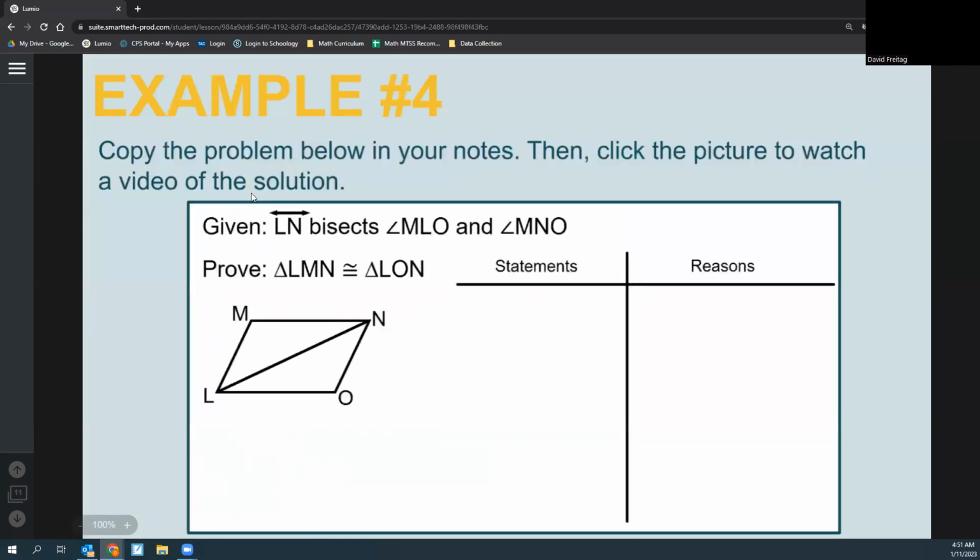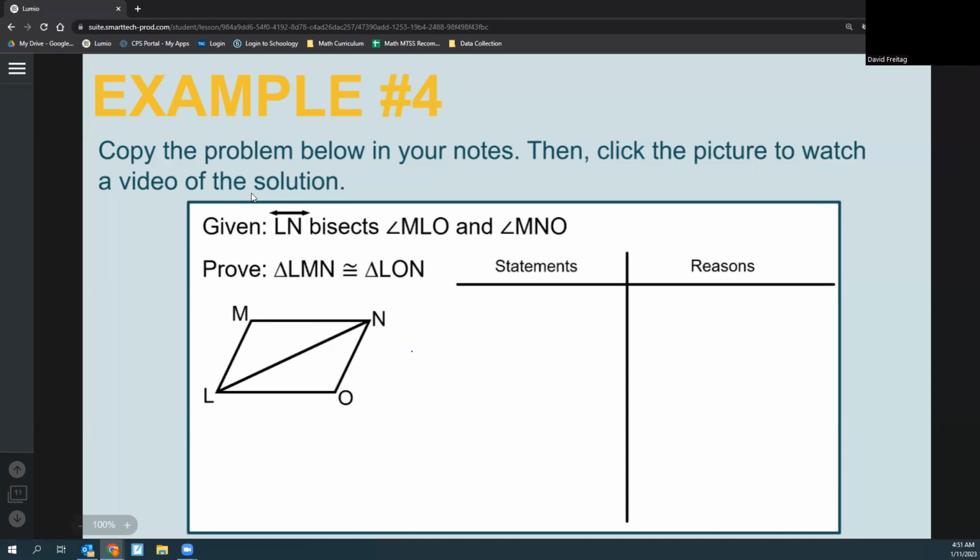So the next one is a proof. So let's talk about this proof. It says copy the problem down on your notes, then click the picture to watch the video. Well, we don't have a video, sorry. So let's go through this, okay? It says given line LN bisects angle MLO and MNO, okay?